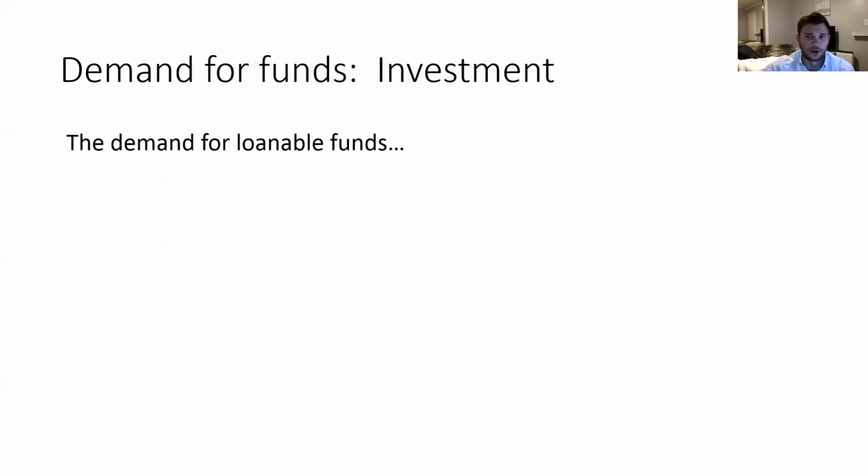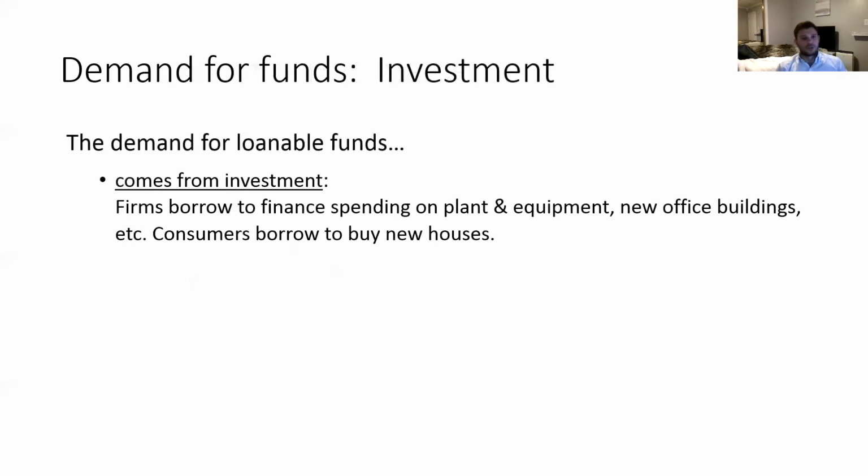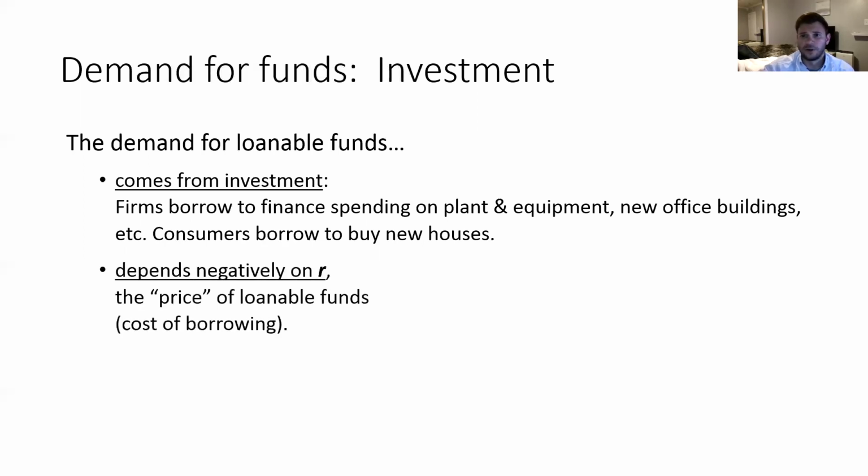So firms, again, are borrowing to cover things like their setup costs on spending on plant and equipment, buildings, etc. Consumers also could potentially be undertaking some spending that depends inversely on the interest rate here. So again, we're assuming here that investment spending depends negatively on R. This is the price of loanable funds.